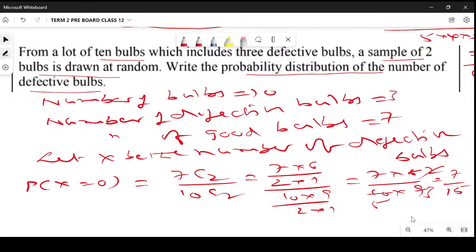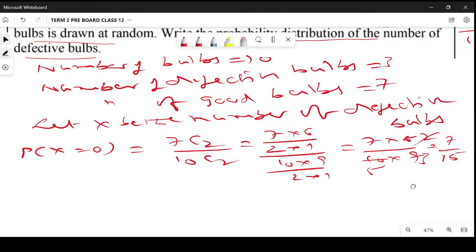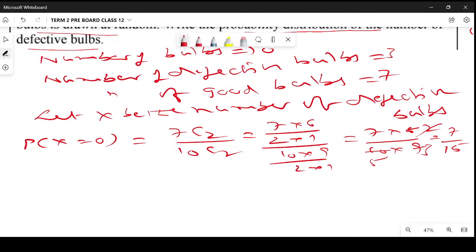Now suppose one defective bulb. P of X equal to 1. One defective bulb means one should be a good bulb and one should be a defective bulb.